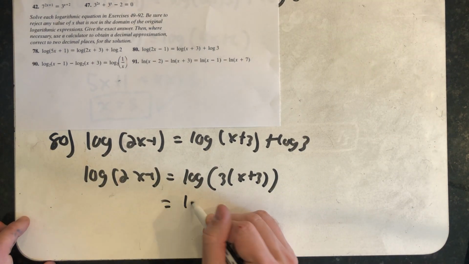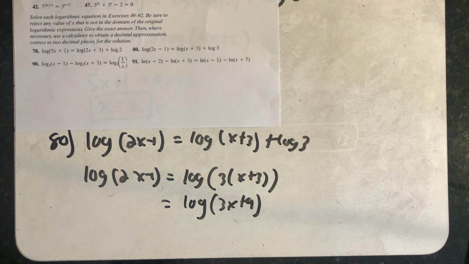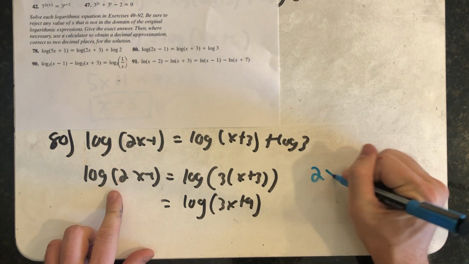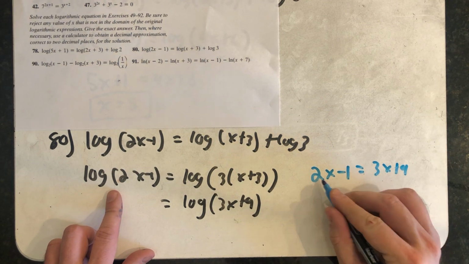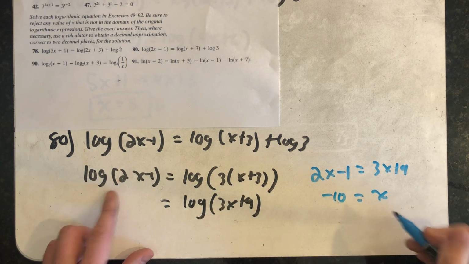No real reason why. All right. And again, I have a logarithm equal to a logarithm. We can set the arguments equal to each other. So I have 2x minus 1 equals 3x plus 9. Take 2x away from both sides, and I would get x. Take 9 away from both sides, I get a minus 10.